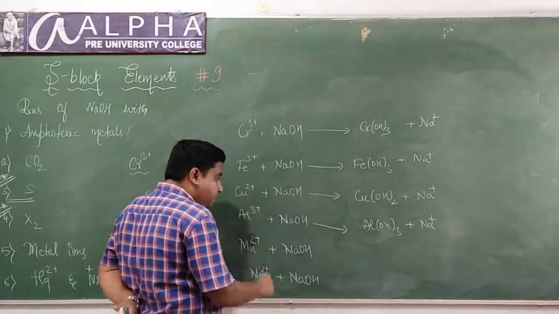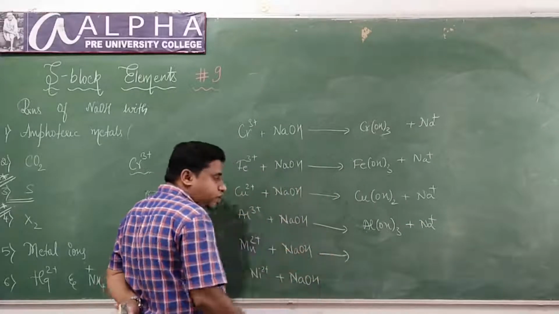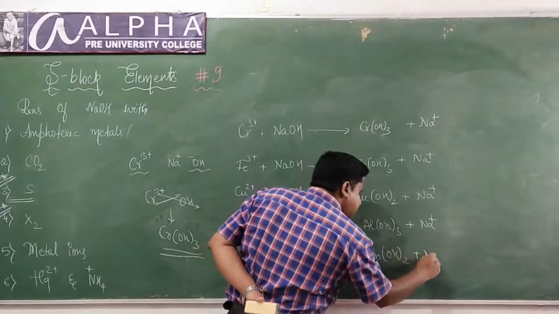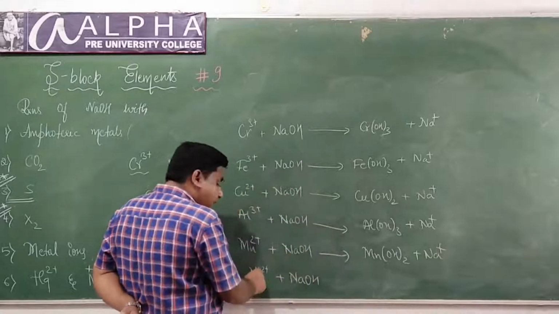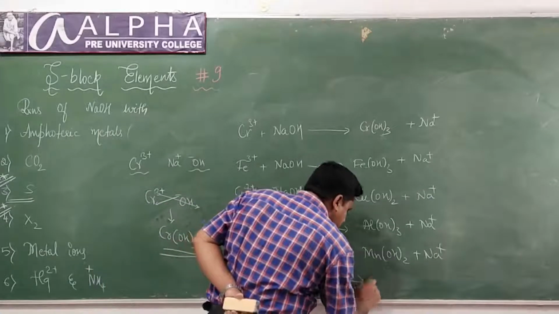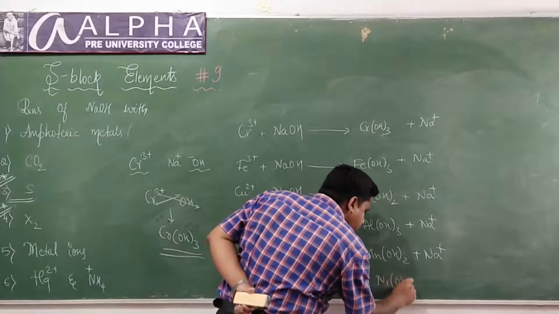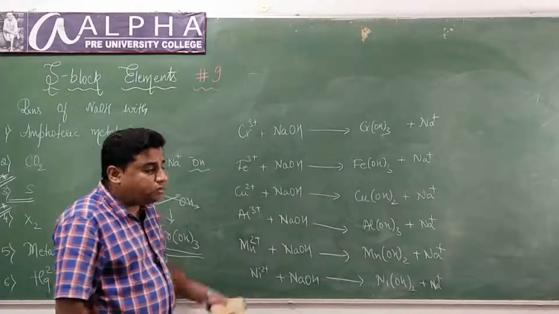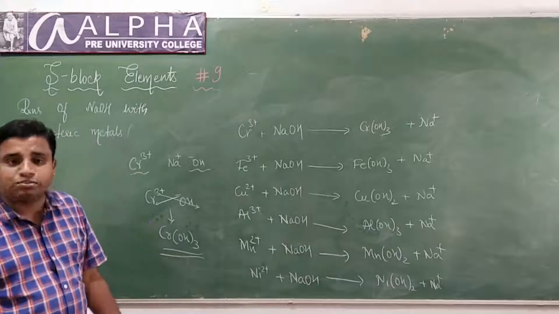Manganese ion forms manganese hydroxide, and nickel ions form nickel hydroxide, plus Na+ ion. Please remember, this is not important. What is important is the color.